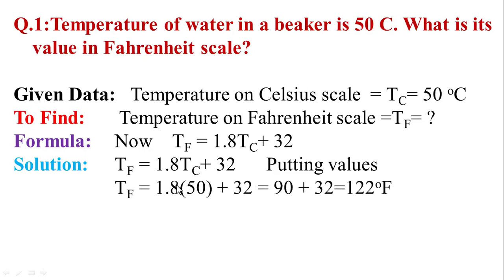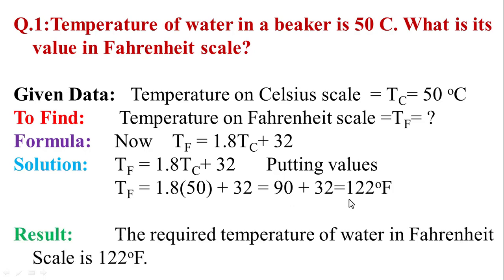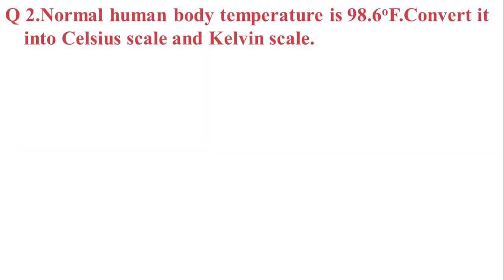Putting the values, Tf is equal to 1.8 into 50 plus 32. 1.8 multiplied by 50 is equal to 90. So 90 plus 32 is equal to 122 Fahrenheit. So the required temperature of water in Fahrenheit scale is 122 Fahrenheit.